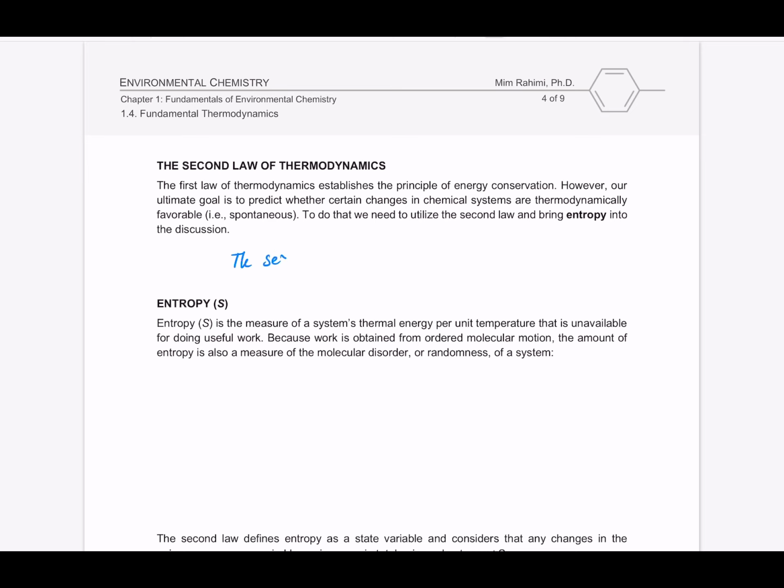What it says is whether a process is spontaneous or not. So that's the key consideration or simplification when we talk about the second law.